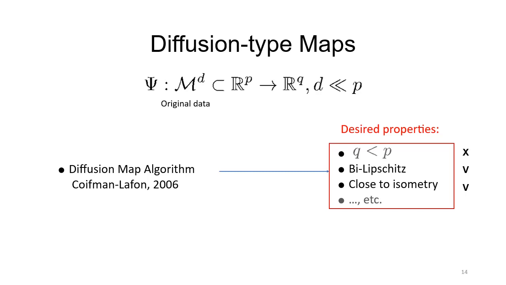This is also robust to noise, but it does not always give us dimensionality reduction, meaning Q is not always less than P if you want the map to be close to isometry. What I want to do is explore how much the spectral information can help us in biomorphometrics and dimensionality reduction.